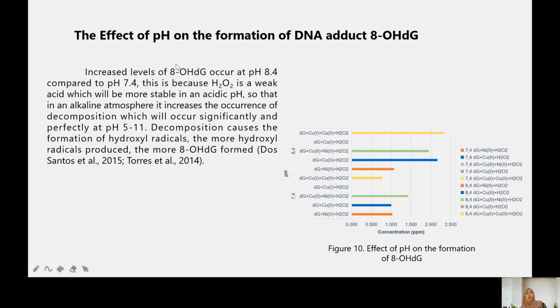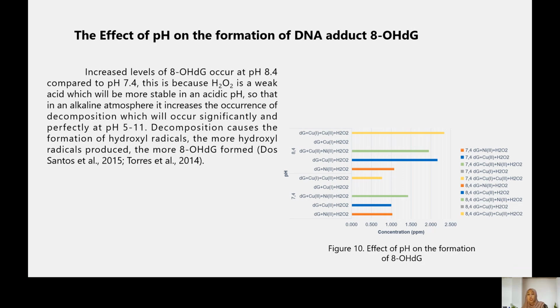Okay, the effect of pH on the formation of DNA adduct 8-OHdG. Increased levels of 8-OHdG occur at pH 8.4 compared to pH 7.4. This is because hydrogen peroxide is a weak acid which is more stable at acidic pH. So in an alkaline atmosphere, decomposition increases, occurring significantly at pH 5 to 11.